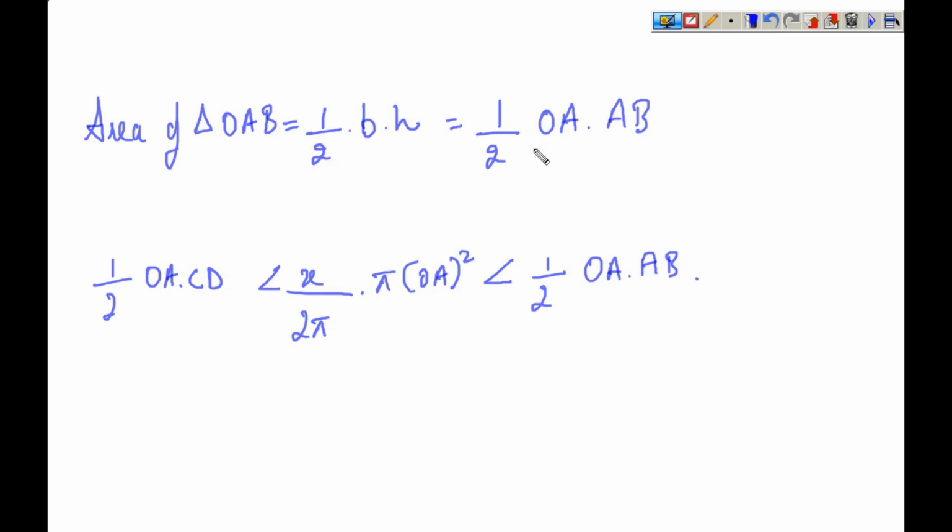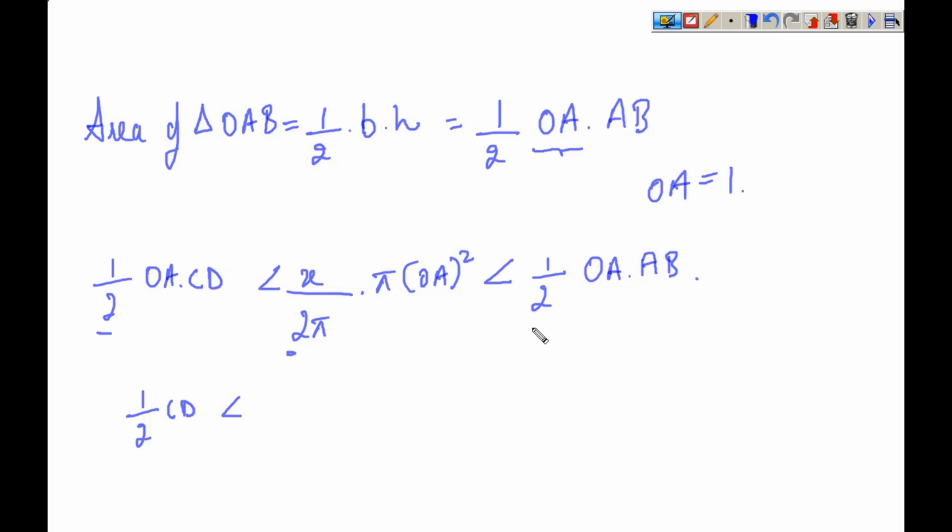So here, as this is a unit circle, OA is 1, right? So that means this whole inequality will become half of CD is less than, as well as half.